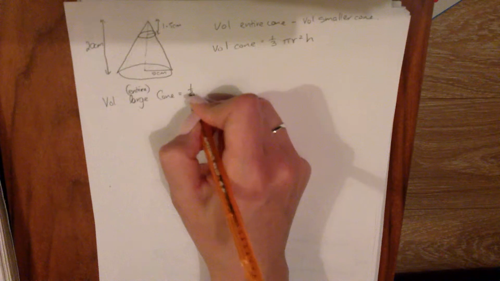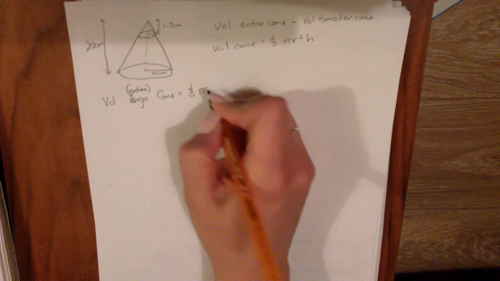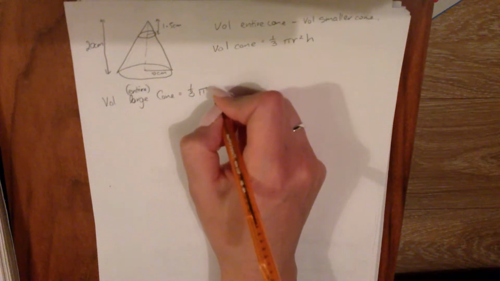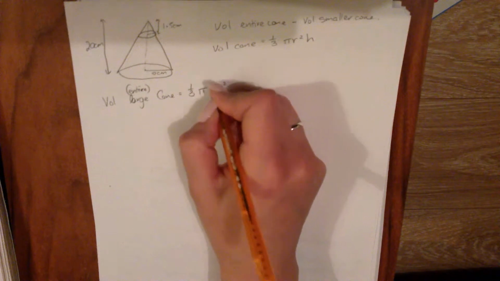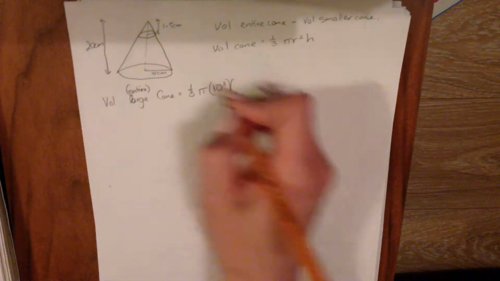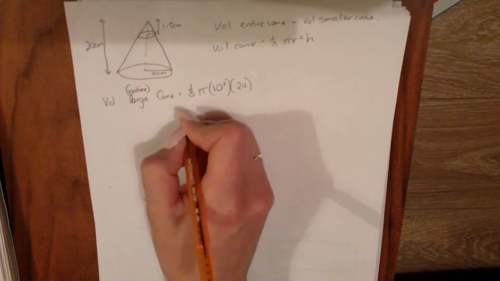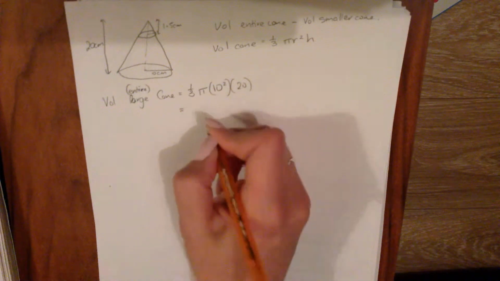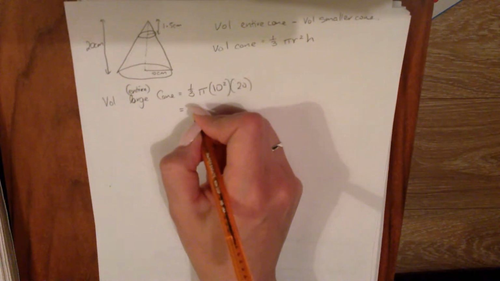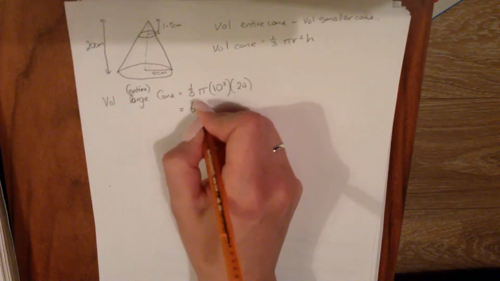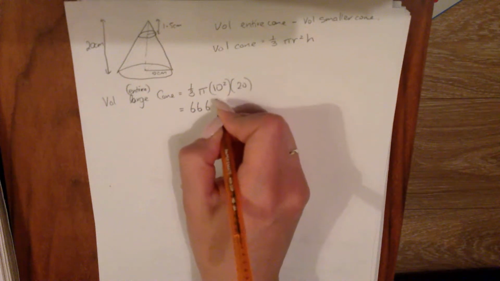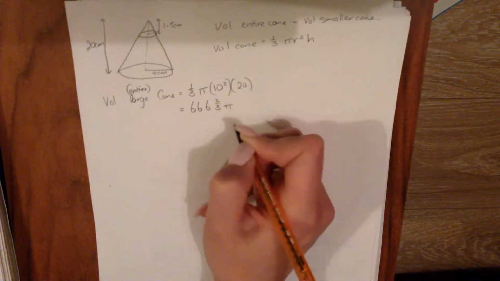So that's 1/3 pi, the radius is 10 squared, and then the height is 20. And for that one, you get 666 2/3 pi.